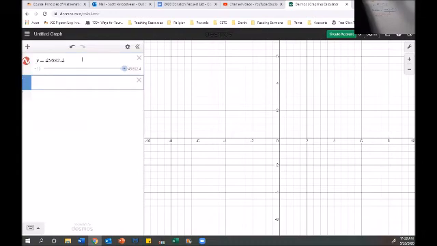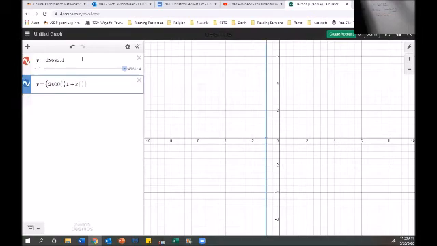Then I'm going to graph a second equation, which is the right side of the equation. It is y equals, and I'm going to just bracket this whole thing, 2,000 times, double bracket, 1 plus x.